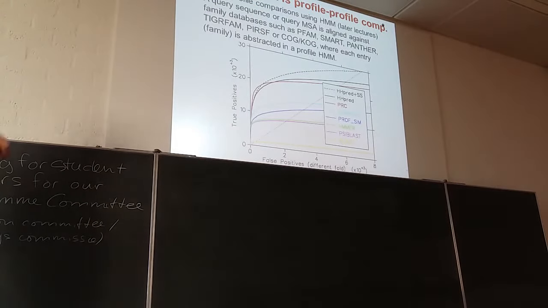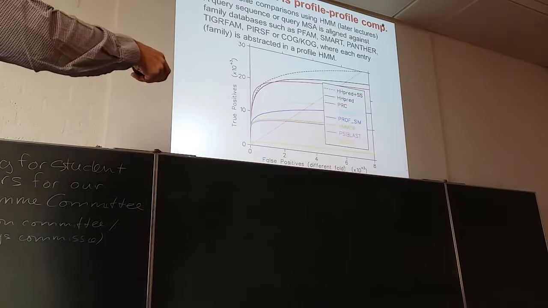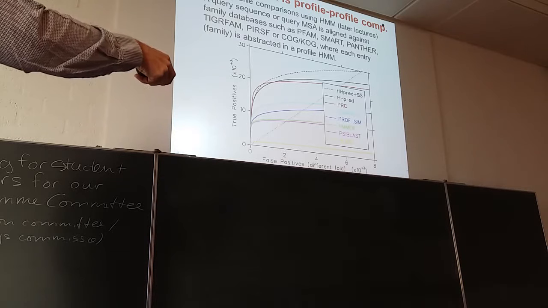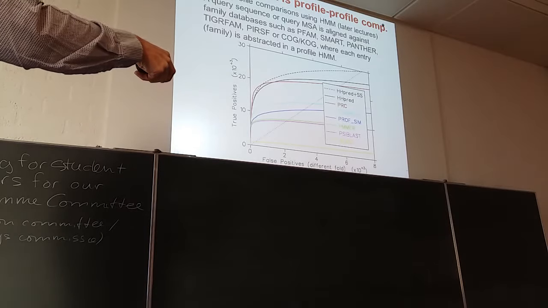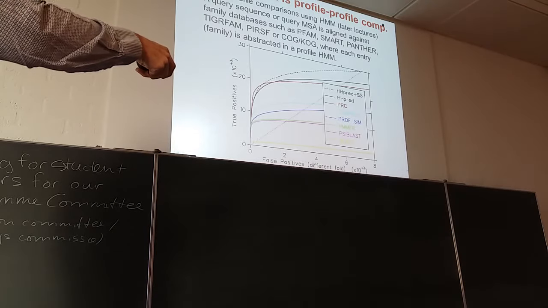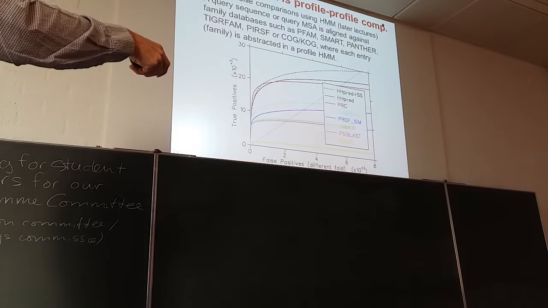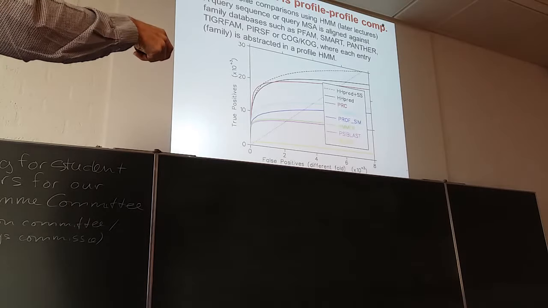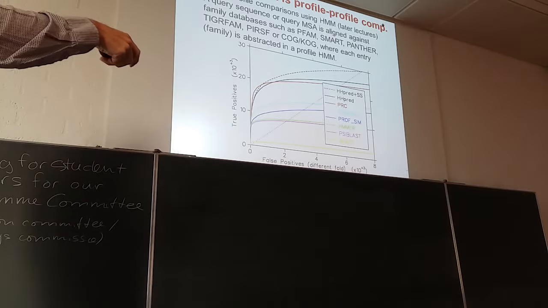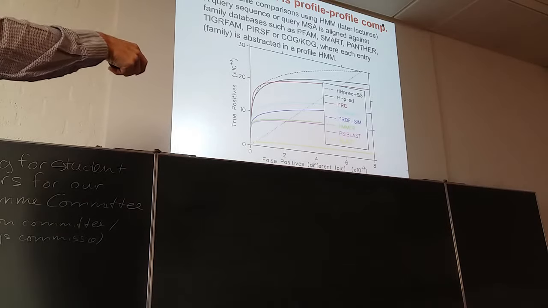Okay, you've seen the other paper, most of you have. Here you can see, BLAST is sequence, SciBlast is sequence profile, HMMER is sequence HMM, I think, and HHpred is HMM.